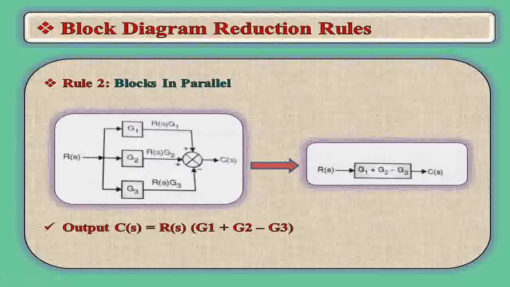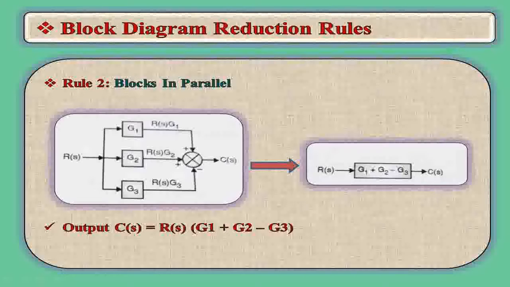Remember, the sign of the signal is considered. Here we can see three parallel connected blocks can be replaced by a single block with the summation of the transfer function of each block. If any summing point or take-off point is present between blocks, then that has to be shifted first.